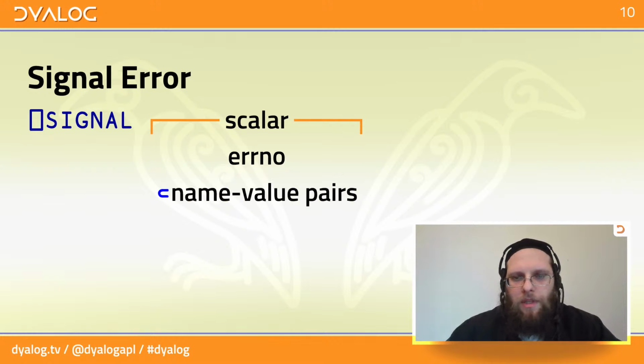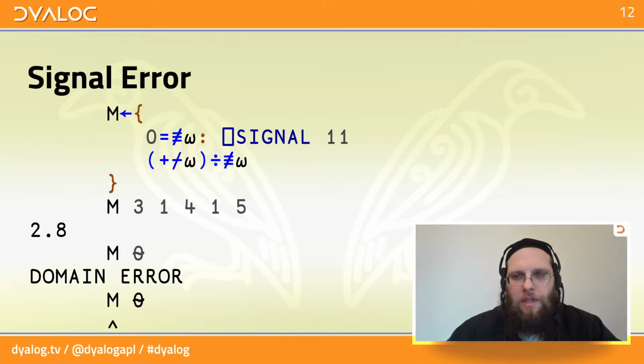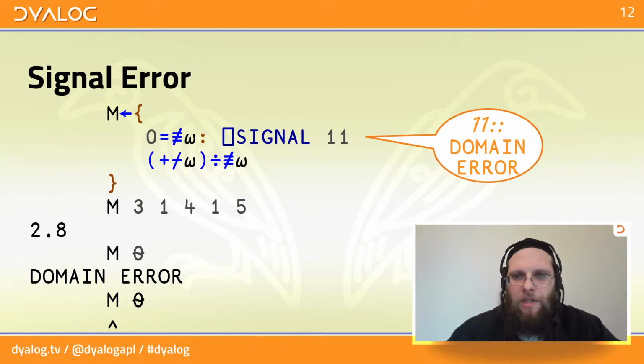It can also be a scalar which contains name-value pairs, but we'll come back to that. Let's first look at the error number. So for the error number, let's say we put in error number 11, which we've met before. That's the domain error. Now when we call the function with the empty vector, we get that domain error. It's really that simple.